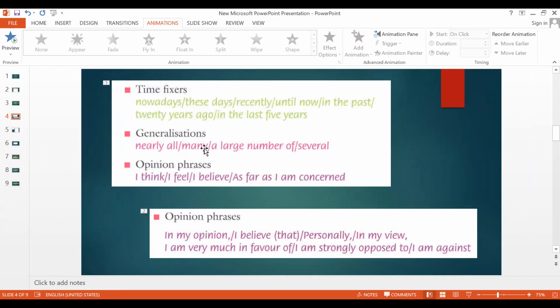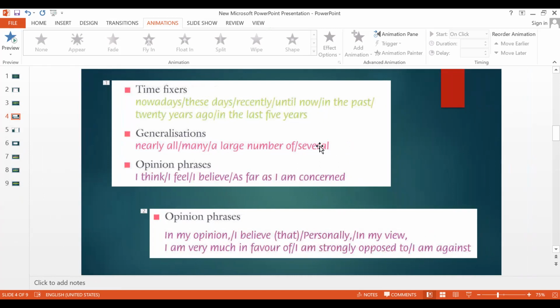Yes, any expression of these: nearly all the students, many people, a large number of customers, or several readers, several writers, teachers, whatever the number is. So use one of the generalization expressions.